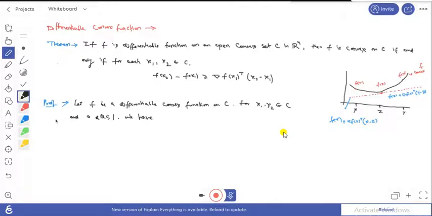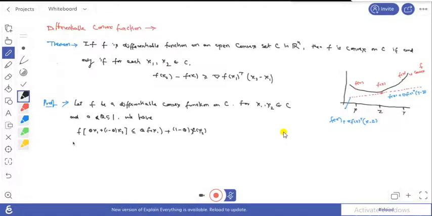Basically, you know that if your function is convex, then the value of f of the convex combination of these two points, theta x1 plus 1 minus theta of x2, is always less than or equal to theta of f(x1) plus 1 minus theta of f(x2).